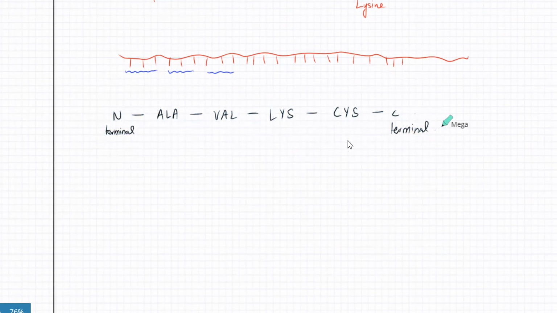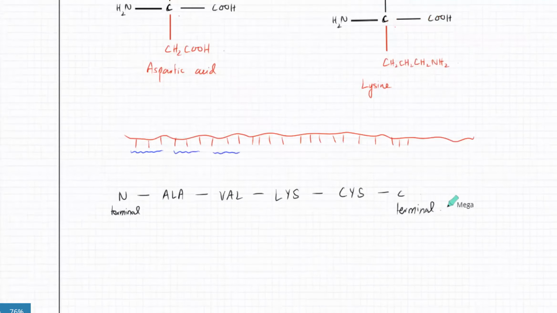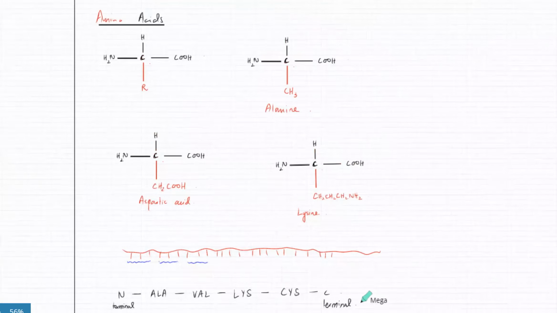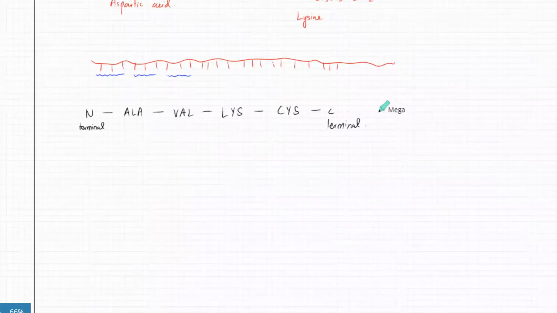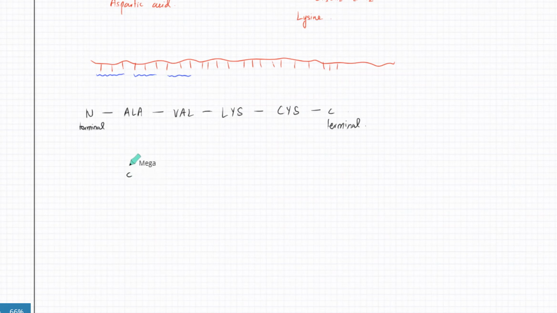But anyways, there are 4 amino acids that are connected together. So let's pick a general amino acid. Let me draw a general amino acid first. I've got a C. There's going to be a carboxylic acid, one bond on the top, one at the bottom.